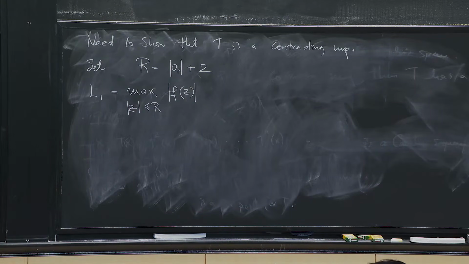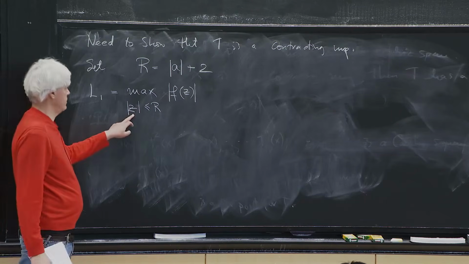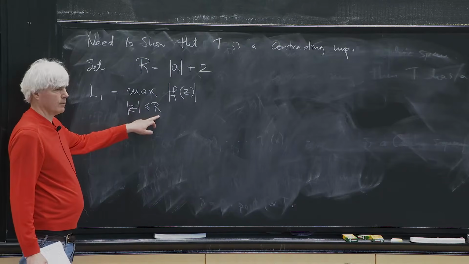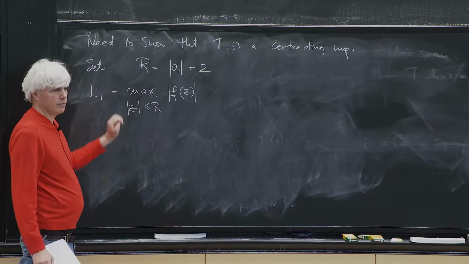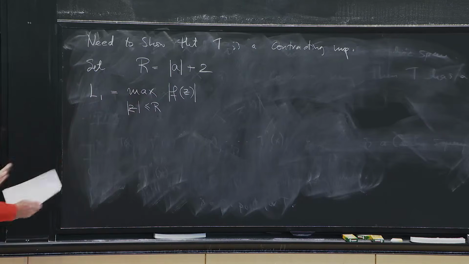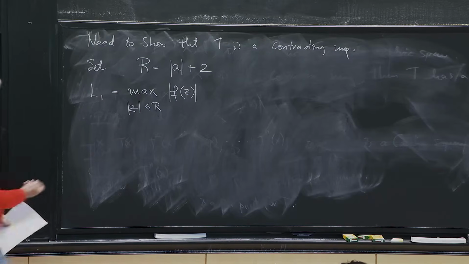Remember, f is continuous. So if I'm looking at where the norm of x is less or equal to some constant, then the maximum is achieved. So this is just some non-negative real number.